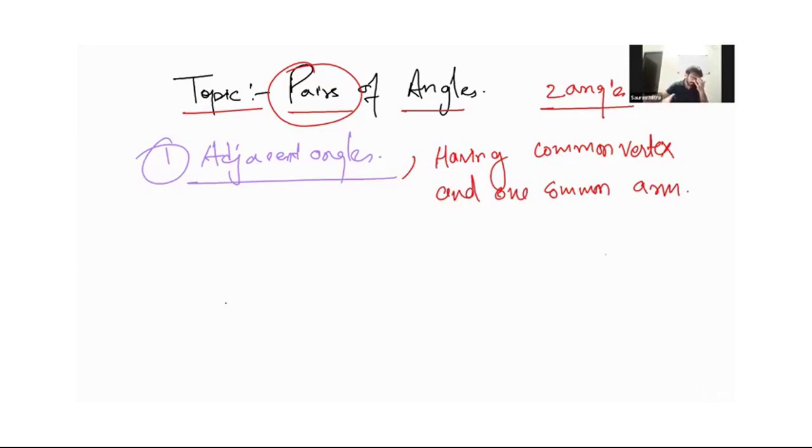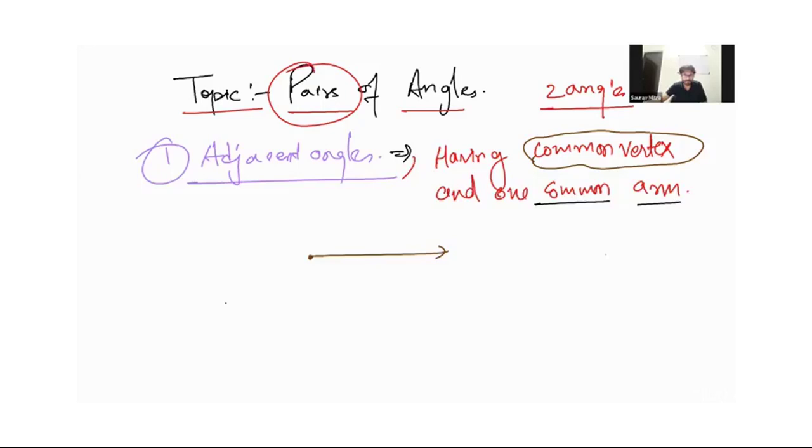So adjacent angles means having a common vertex and one common arm. That means this is your one vertex.